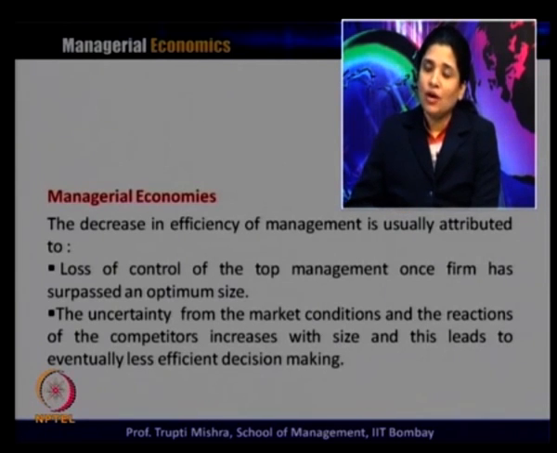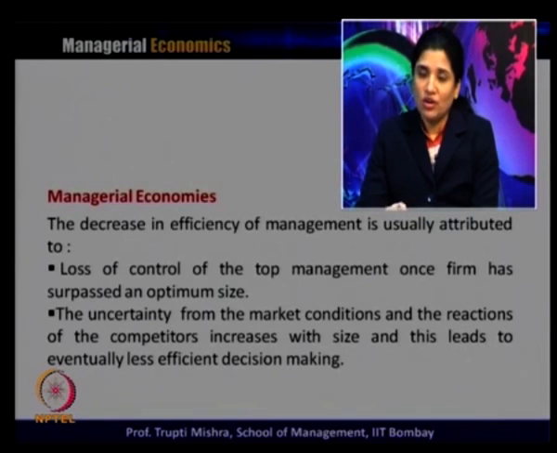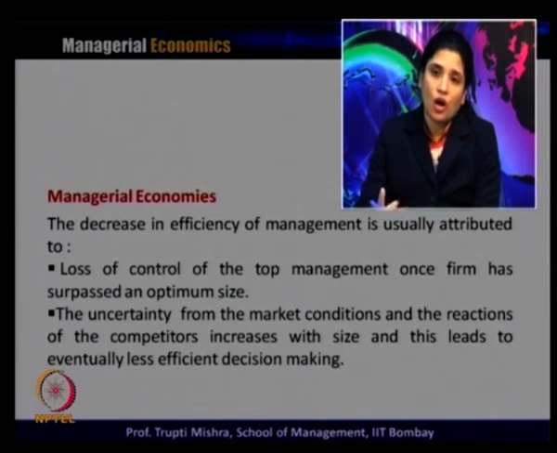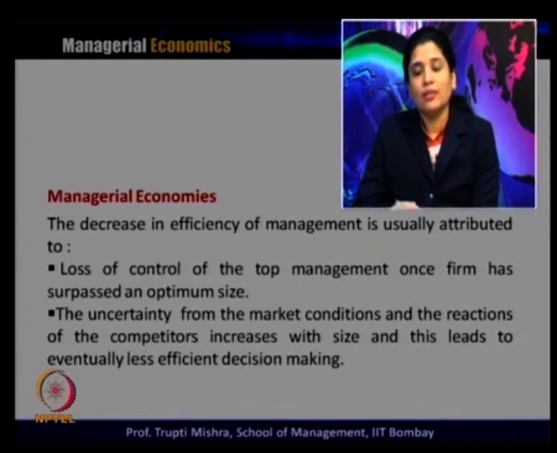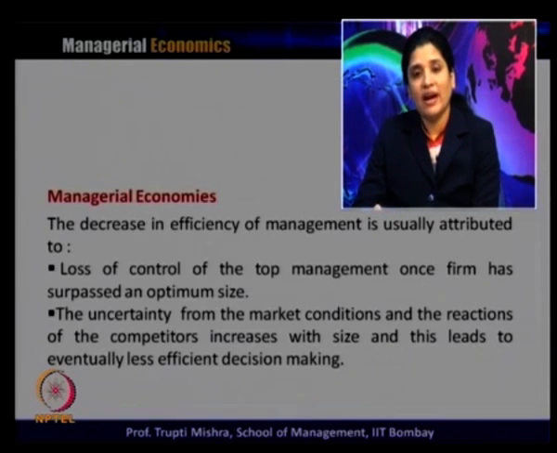So, till the time the farm has not reached the optimum size, the top management has kept everyone in control, and they have given the direction how to work and how to perform. But once the farm has surpassed the optimum size, generally there is a loss of control from the top management, and that maybe leads to one of the factors which decrease the efficiency in the management.